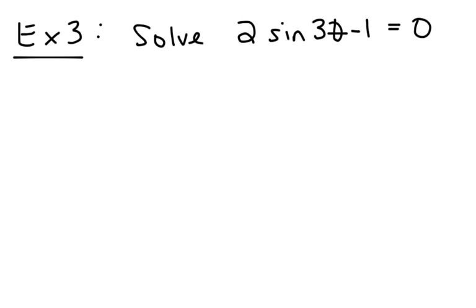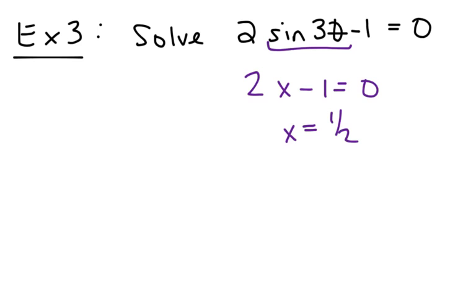In this problem, solve 2 sine 3 theta minus 1 equals 0. Don't worry about this sine 3 theta right now. Let's pretend like this says 2x minus 1 equals 0, so you know that x is 1/2. Well, instead of x equaling 1/2, sine of 3 theta is going to equal 1/2.